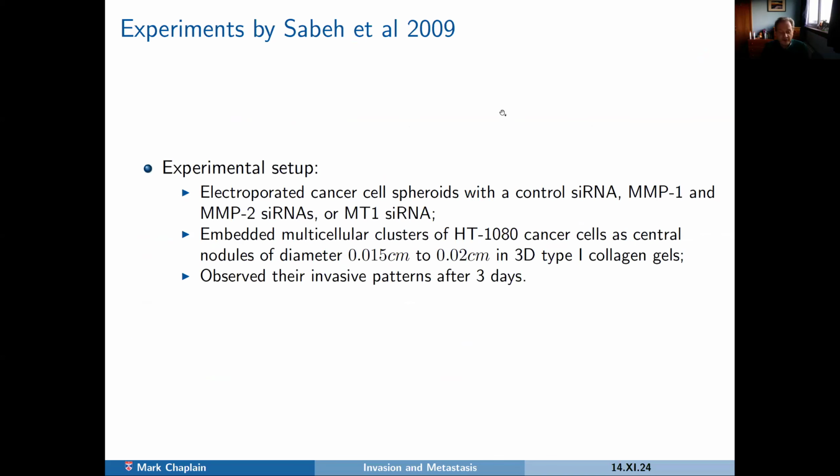And they did that with a very nice experiment. They took multicell spheroids, and essentially they knocked out the possibility of the diffusible enzymes. So they ran a control experiment where the cancer cells invaded, and then they knocked out the diffusible enzymes, and then they knocked out the membrane-bound enzymes, and they looked at the differences in the pattern.